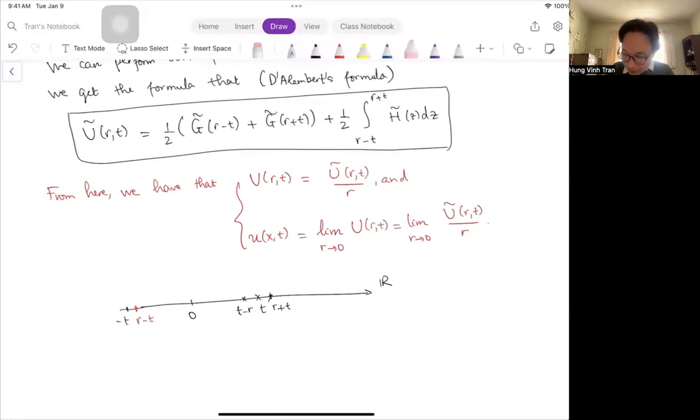Hence, if you check this formula here, we need to do the odd reflections in order to make it back to the results that we want.